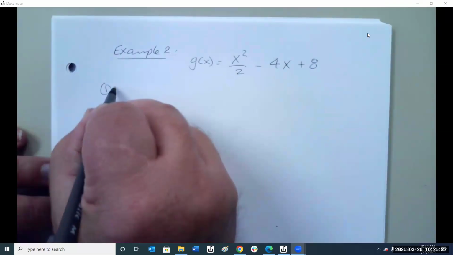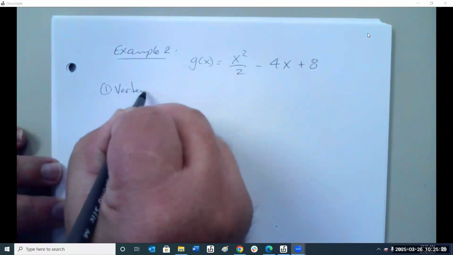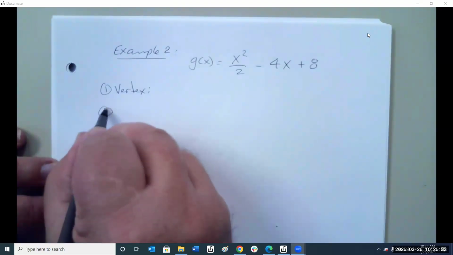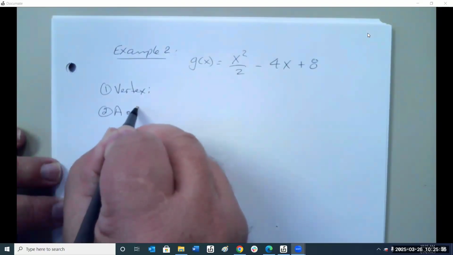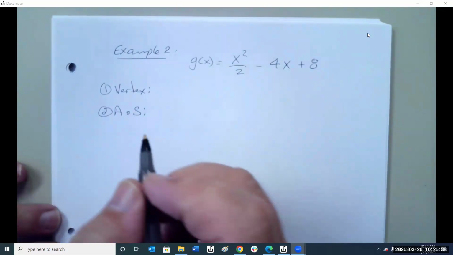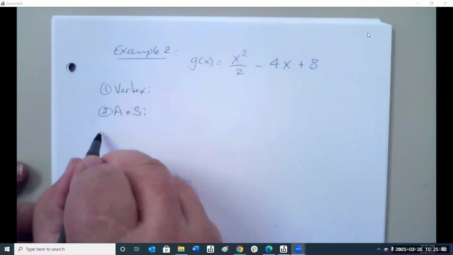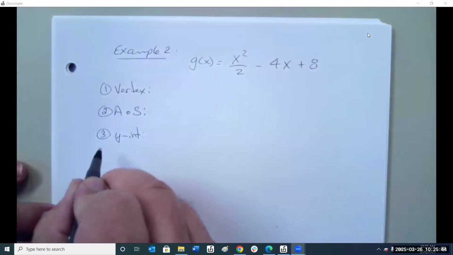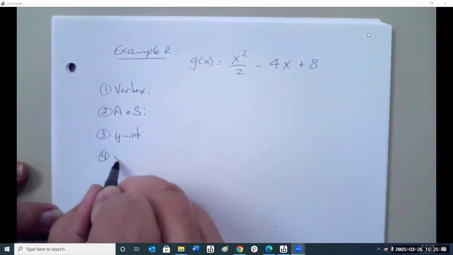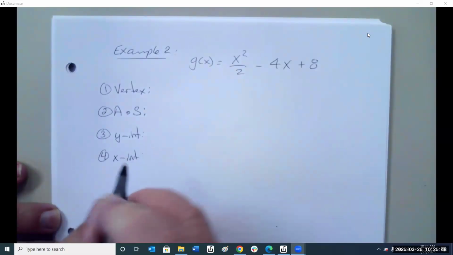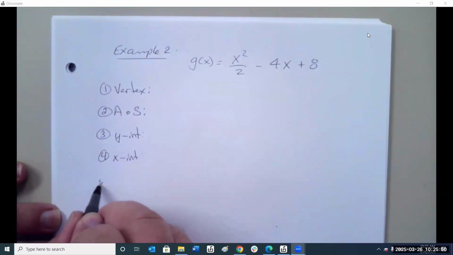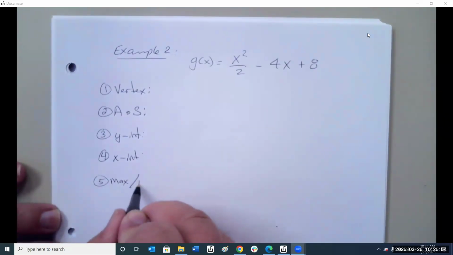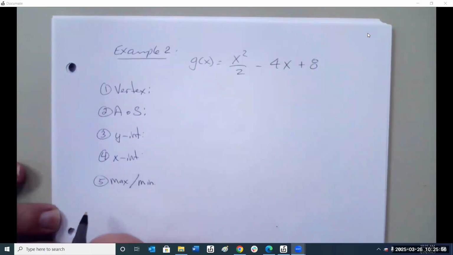Okay, so tell me the vertex. The axis of symmetry. The y-intercept. The x-intercept. Do we have a maxima or a minima?